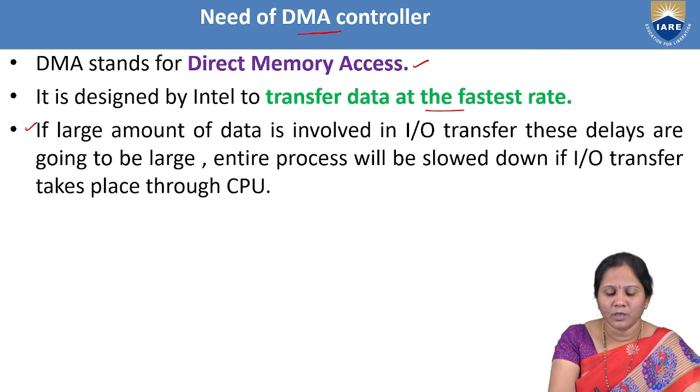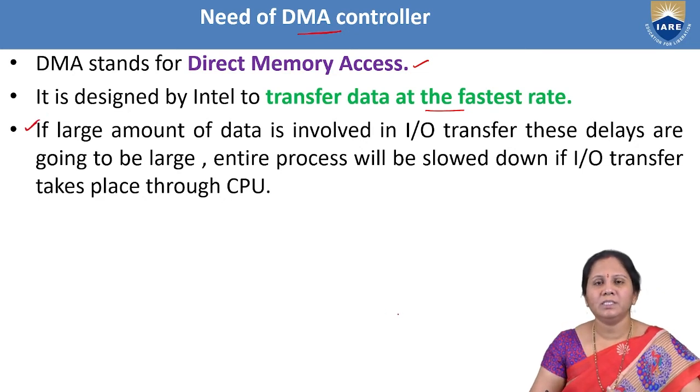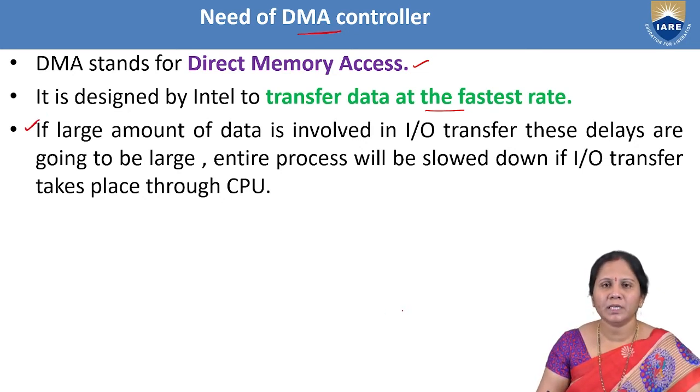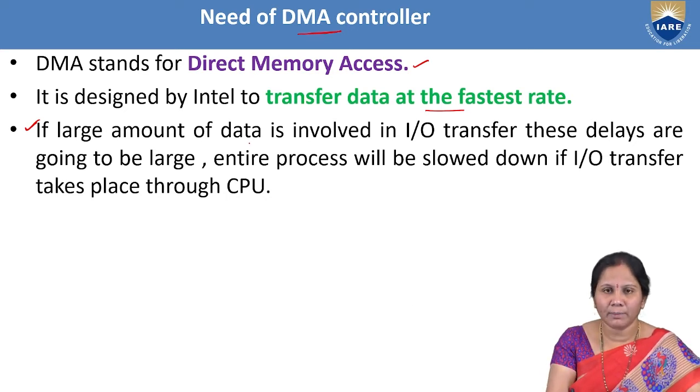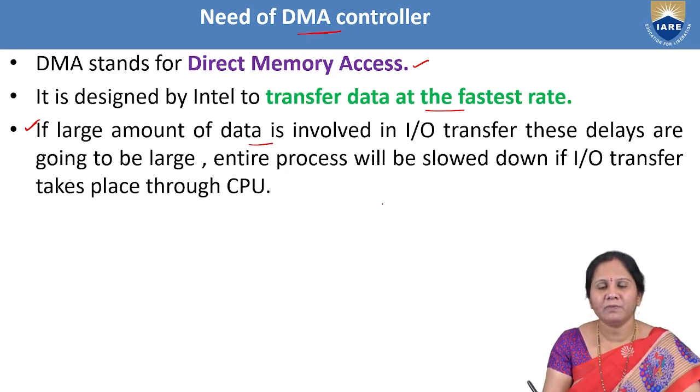Now, in which cases is this DMA controller necessary? Suppose in some cases a large amount of data is involved, that means a large amount of data is transferring between the IO devices and main memory. In such cases the delays are going to be very large.